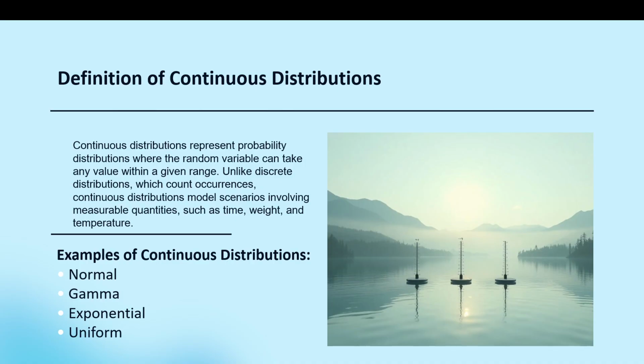Each of these distributions does its own task. For example, normal distributions are used for heights or test scores, and exponential distributions are used for the time between machine failures. These are essential for modeling real-world variability.